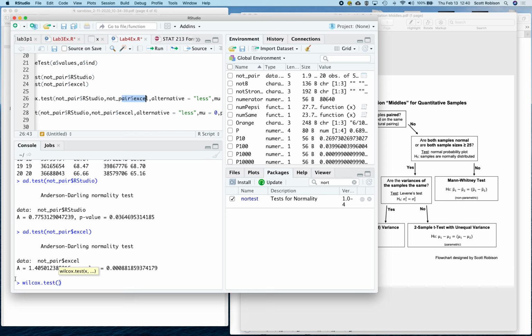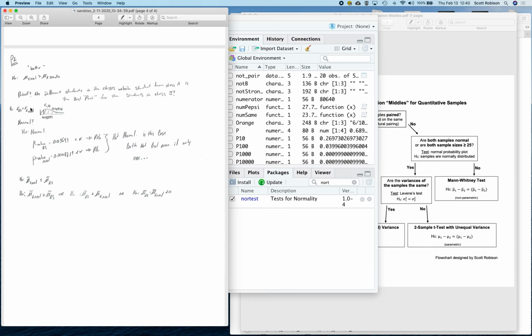what I could have done is said this data that I called not paired. I could have chosen to use Excel as the first group. So if I put Excel first, then the sign is going to be the greater than sign.